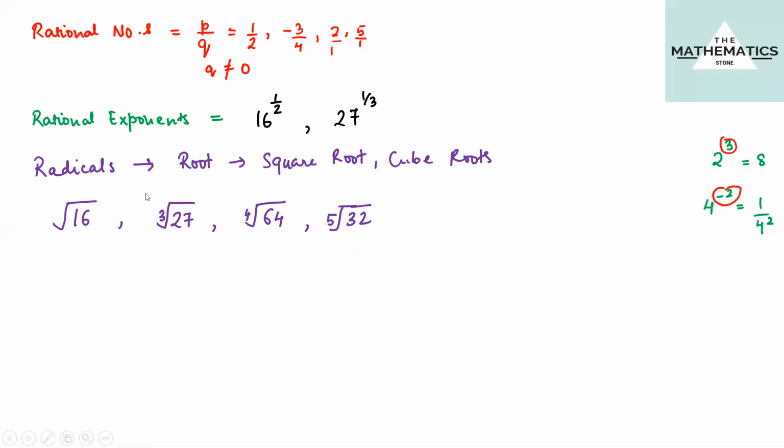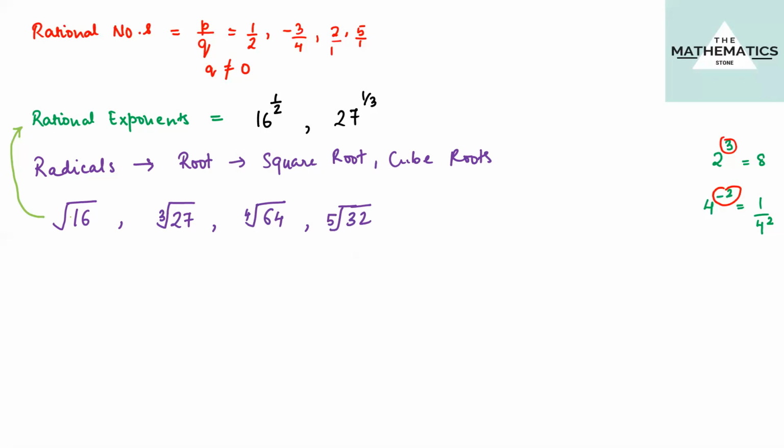Yes, you heard me right, radicals are nothing but your roots. And there is one way of representing these roots in terms of exponents. Did you hear what I just said? I can write these roots in form of these exponents.